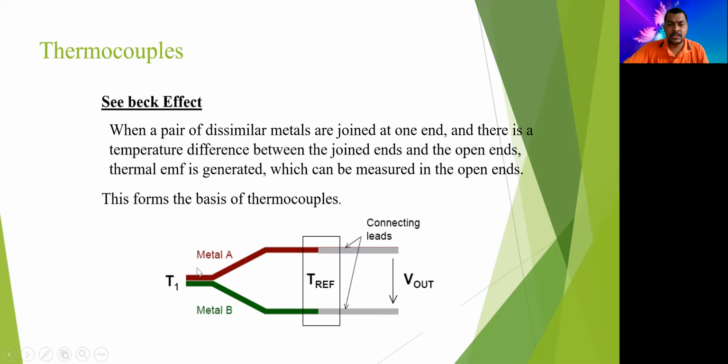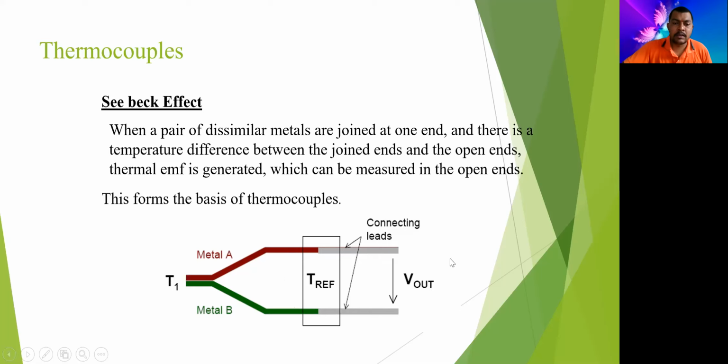Since these two points are connected, they are joined and kept at one temperature. The other two ends are open and kept at the reference temperature, that is absolute zero, and practically we keep it in ice, right? So there are differences of potentials, and that particular phenomenon is utilized by the user or the instrument designer to measure the voltage.